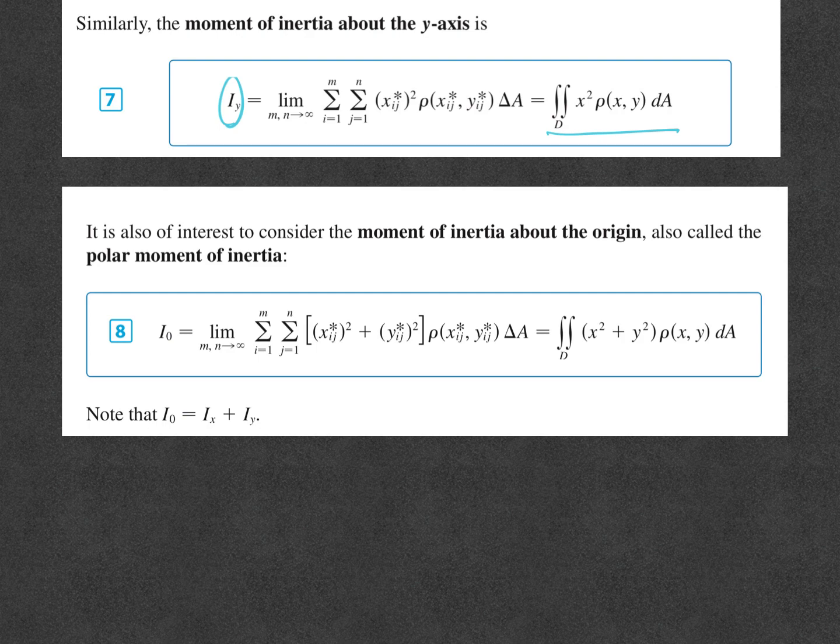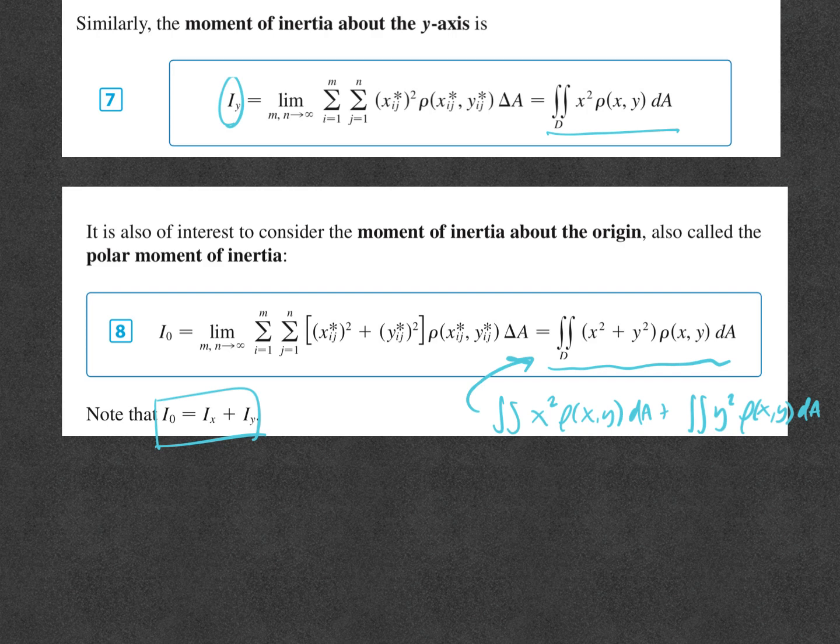This is the moment of inertia about the origin, also called the polar moment of inertia. And if you look at the problem, it's got both of them, because if you were to split this and say the double integral of x squared rho of xy dA plus the double integral of y squared rho of xy dA, when you add those answers, you get the same answer.